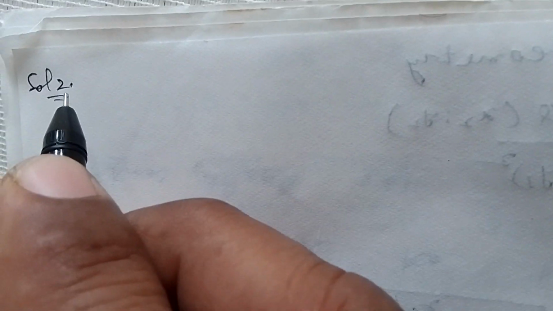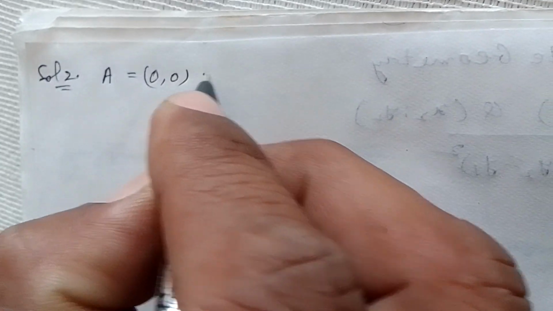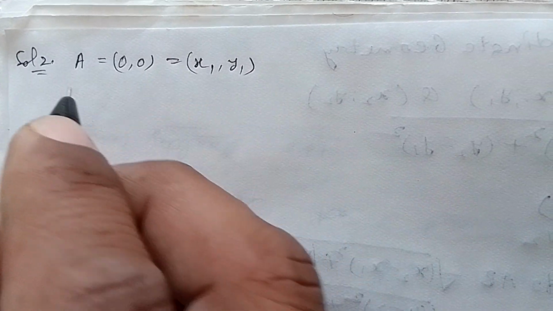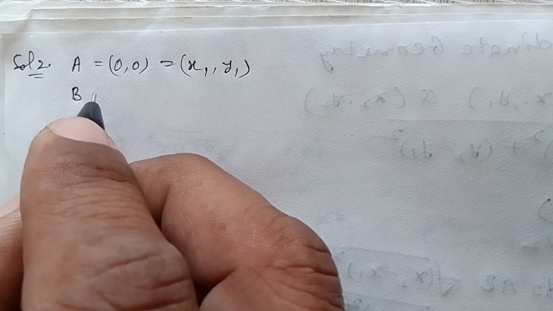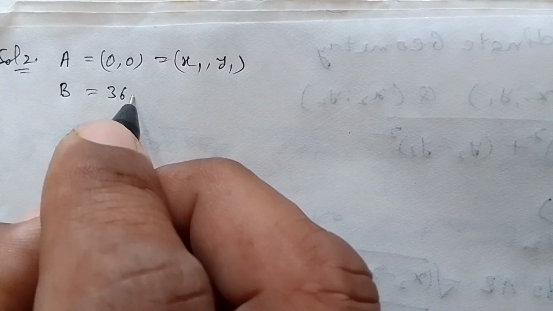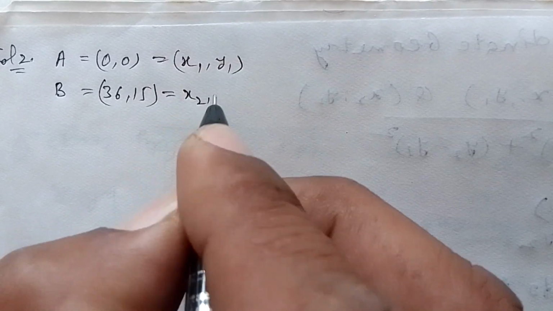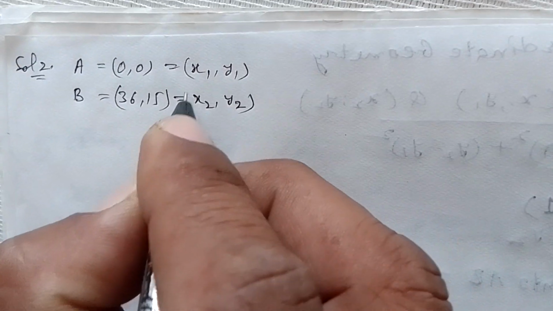The solution of the question: we have given point A, that is (0, 0), which we will consider as x1, y1. Point B, whose coordinates are (36, 15), we can consider as x2 and y2.